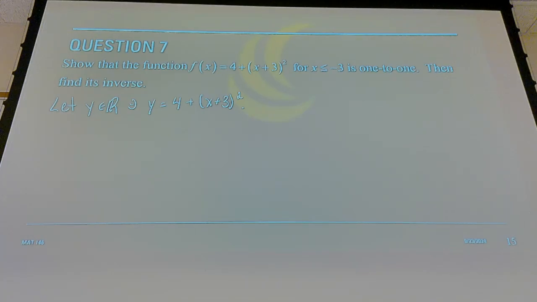Since again we're given a real number y, such as the output, we want to find the input. Add 4.